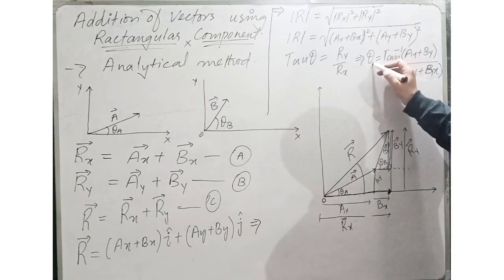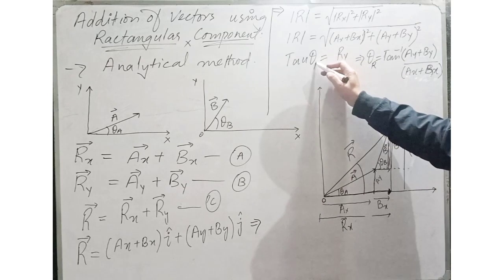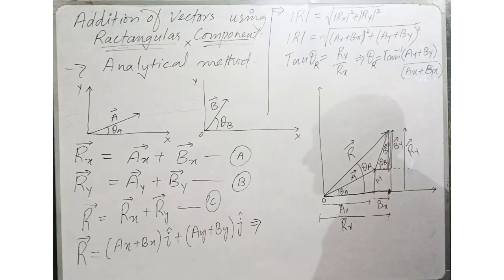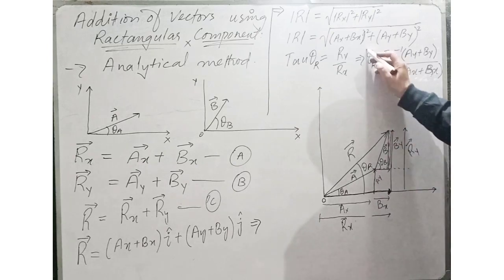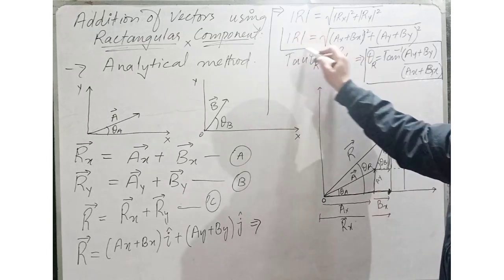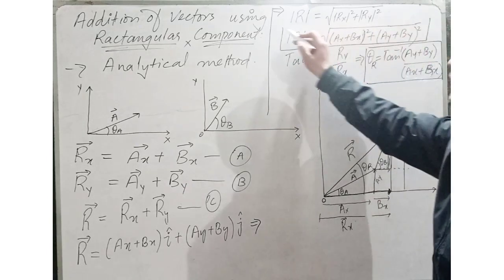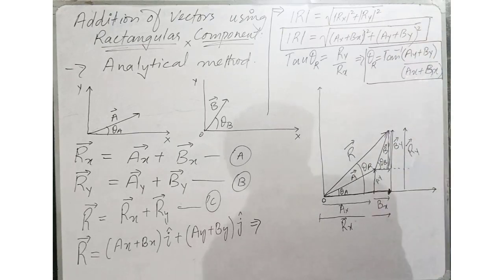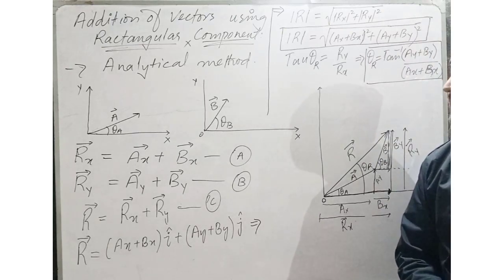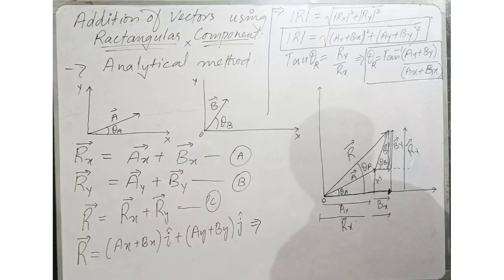We call this angle theta r because this is the angle which the resultant vector makes with the x-axis, and it gives us the direction of the resultant vector, right? Okay, so these two expressions are very important, because using these two expressions we can find the magnitude and direction for any vector using its rectangular components.